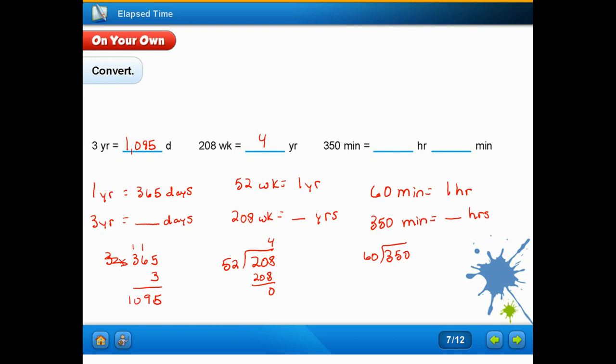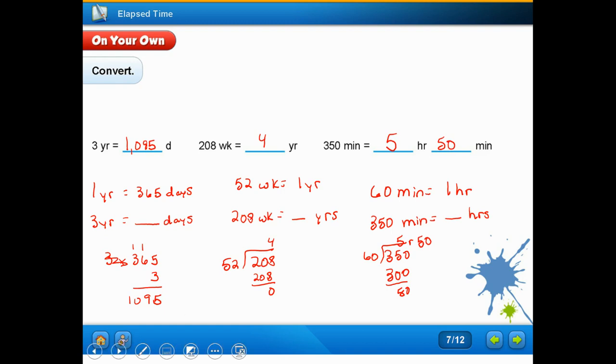The numbers do get a little big here. And on your fluency, I will let you use your calculator because of that. But 60 goes into 350. What was that, 5 times? And that would be 300. And I have 50 left over. So 5, remainder 50. So that would be 5 hours and 50 minutes.